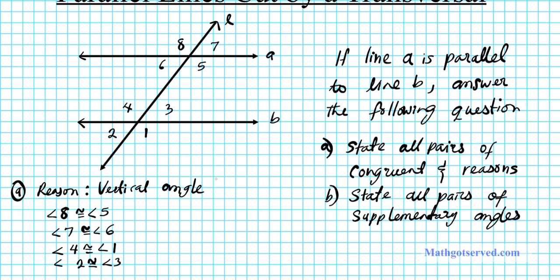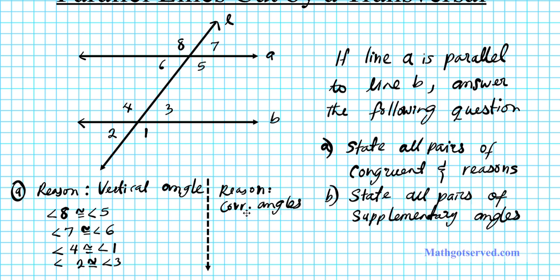The next reason for congruency that I'm going to use to create a list of pairs is corresponding angles. Let's look at the right side of line L. We have 1, 3, 5, 7.